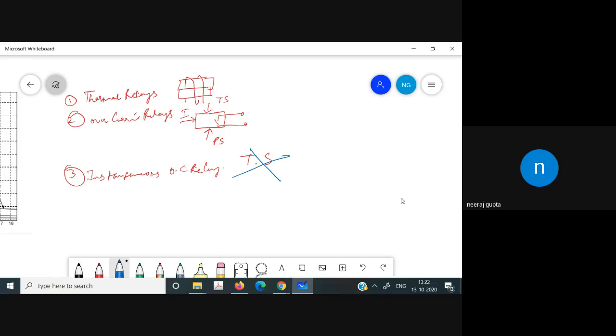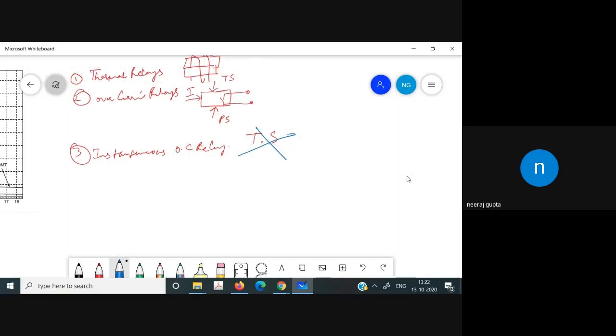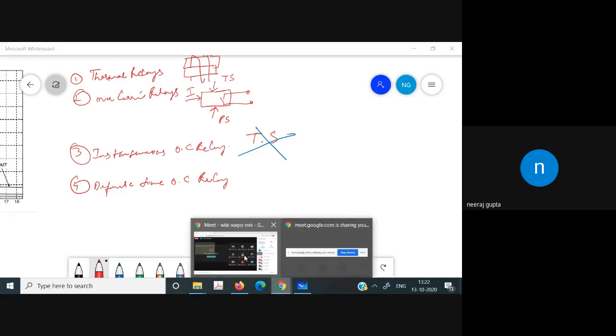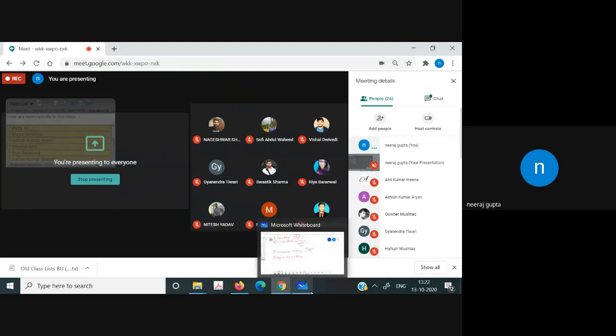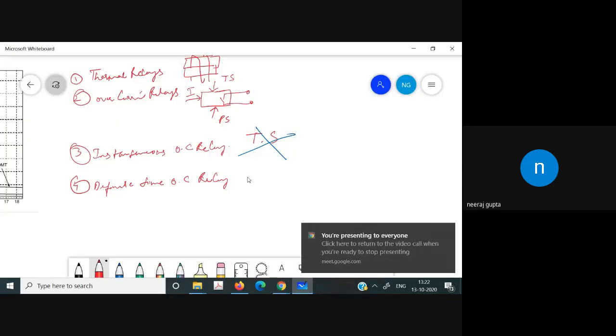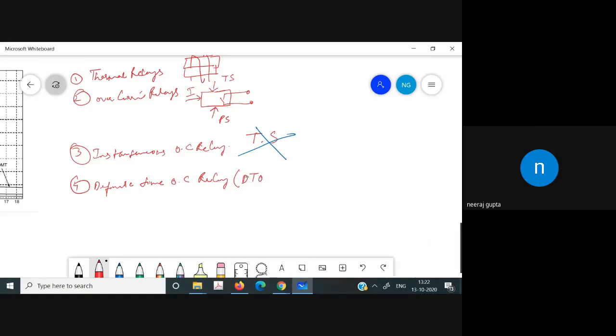Next relay that we studied is the definite time overcurrent relay, also known as DTOC.